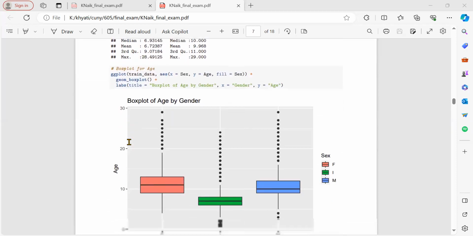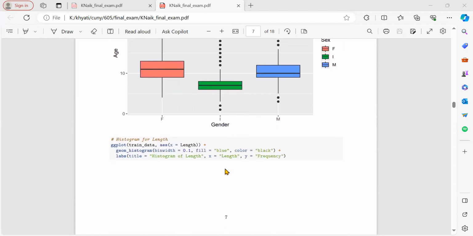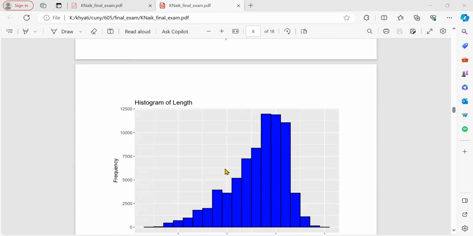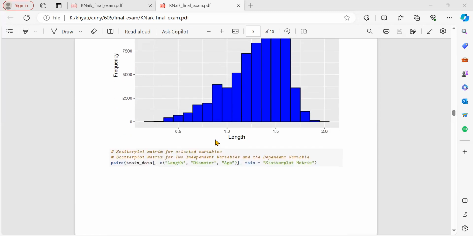This is a box plot for age, where we can see there are a few outliers for our gender variable. This is a histogram for length, where our x-axis is length and frequency is the y-axis. We can see that it is a slightly left skewed graph.